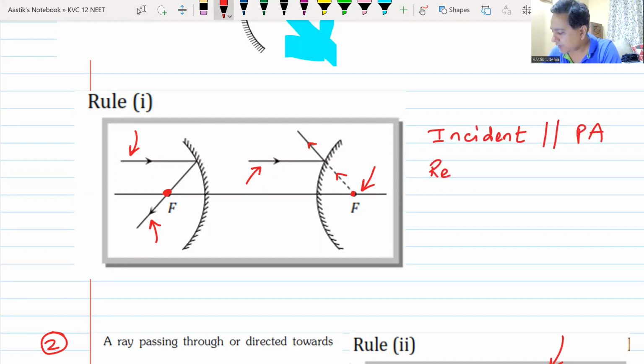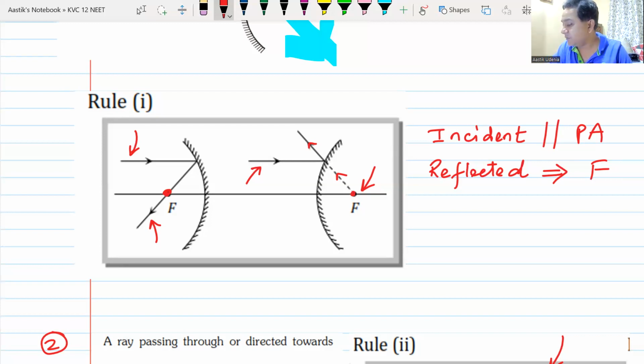The reflected ray passes through the focus. In the case of a concave mirror, it actually passes through the focus. In the case of a convex mirror, it appears to come from the focus. Rule number 1, you reverse the direction, it becomes rule number 2.